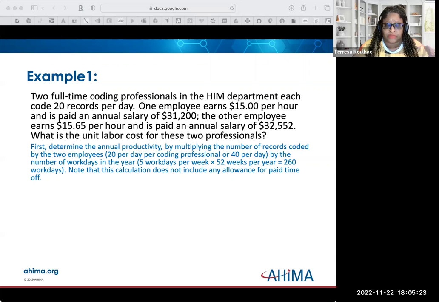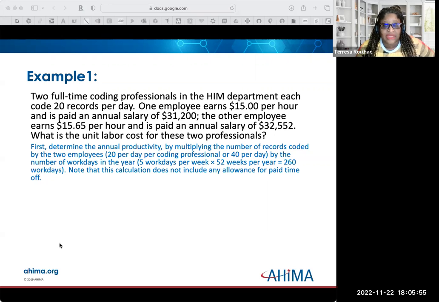I put my notes in blue. The first thing we do is determine the annual productivity by multiplying the number of records coded by the 2 employees, 20 per day per coding professional, or 40 per day, by the number of work days in the year. Ideally, we're talking about the US workday. So we're looking at 5 work days per week times 52 weeks per year equals 260 work days.